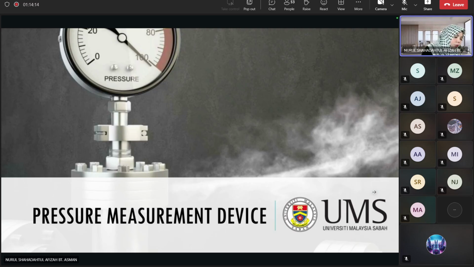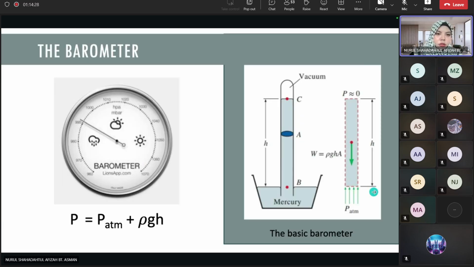So next we continue with the pressure measurement device. The device that can be used to measure the pressure is the barometer. So this is the barometer.